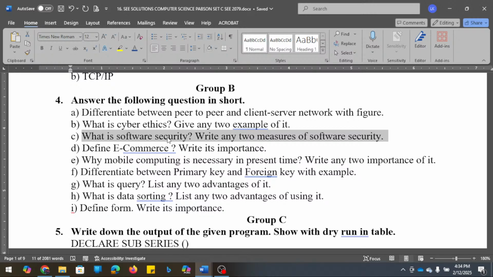Next is data sorting. What is the meaning of data sorting here?